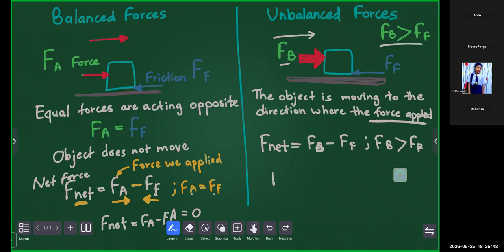So F net is also greater than 0. It shouldn't be 0, which means the object started to move.